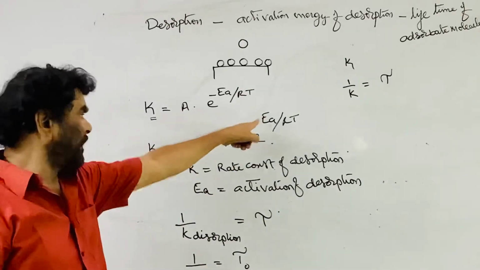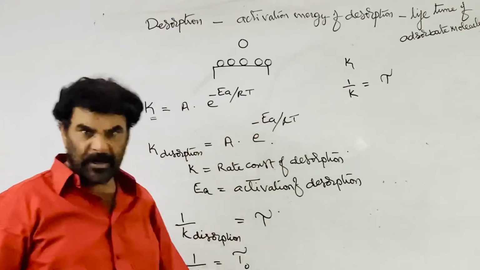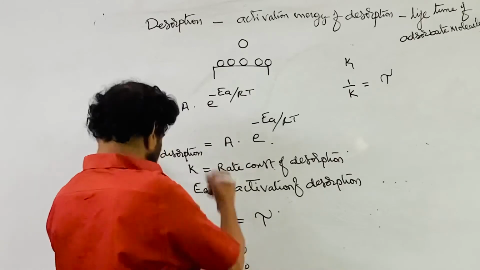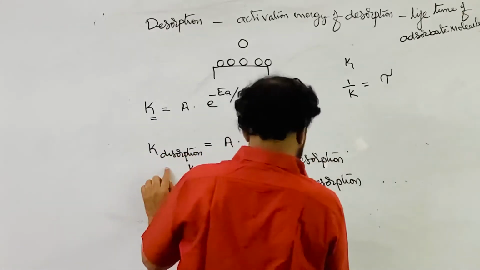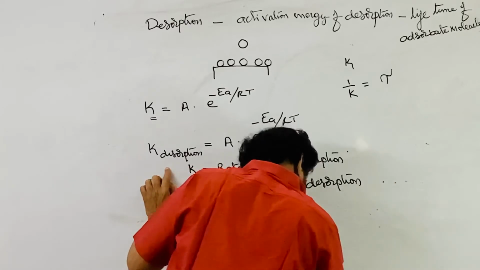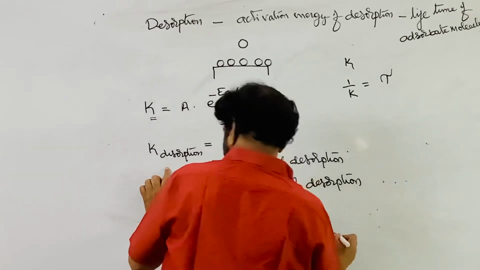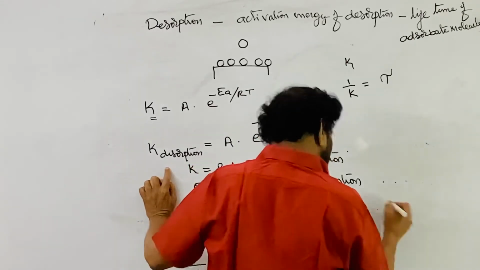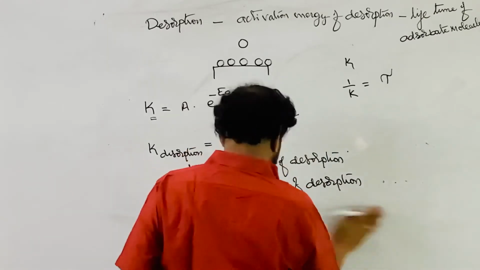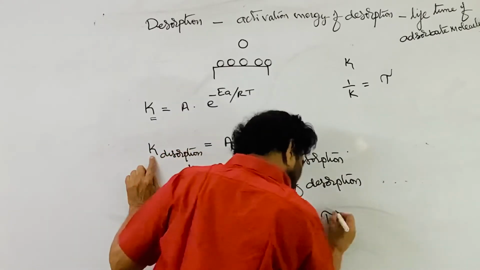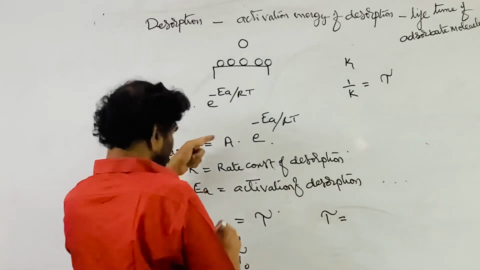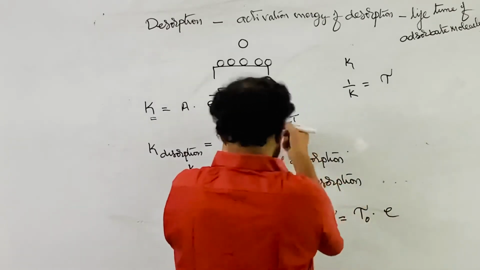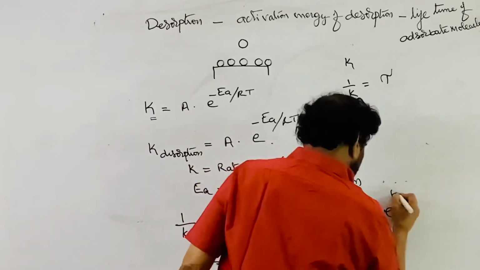This A is also the rate constant when EA is 0 or T is infinity, as we discussed in kinetics. Now take the reciprocal of this. Instead of writing it that way, I can write tau is equal to 1 by K, which is tau naught into e to the power of EA by RT.